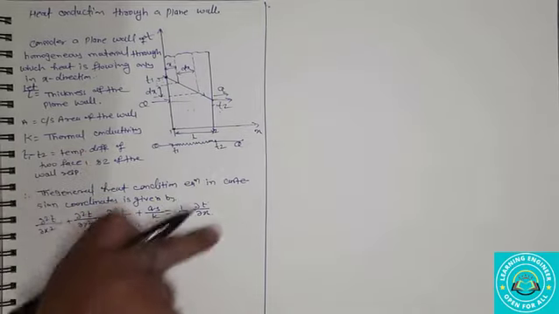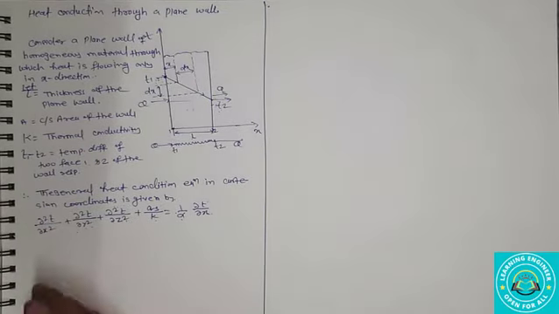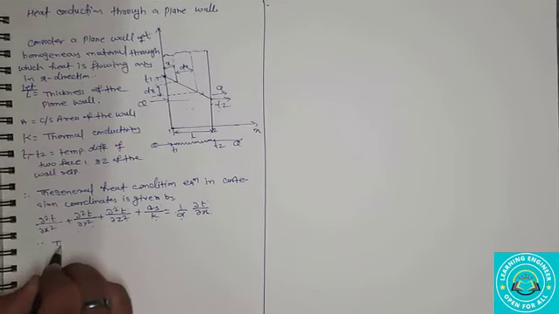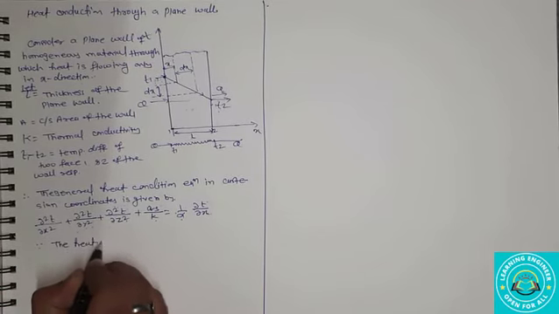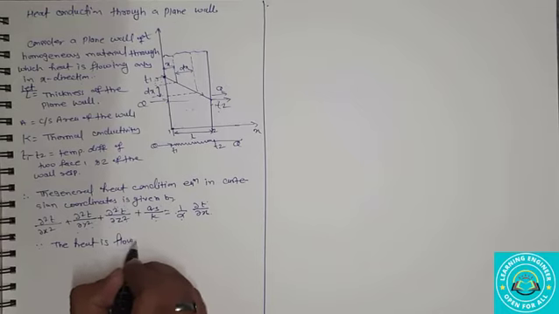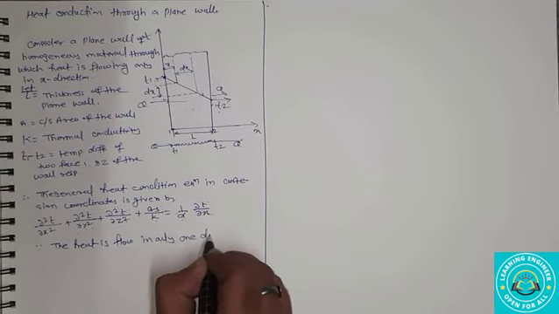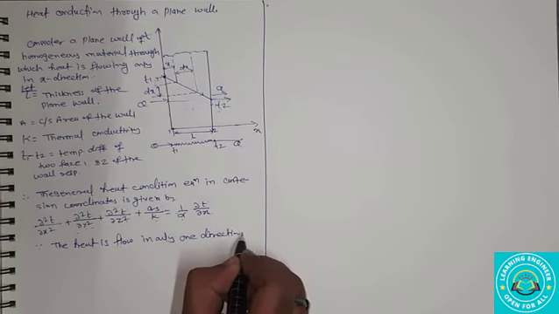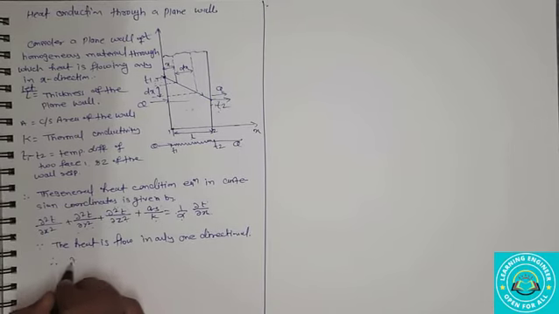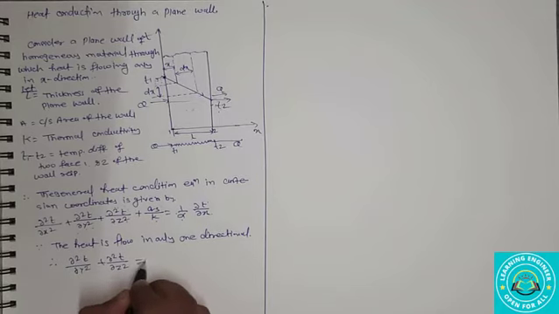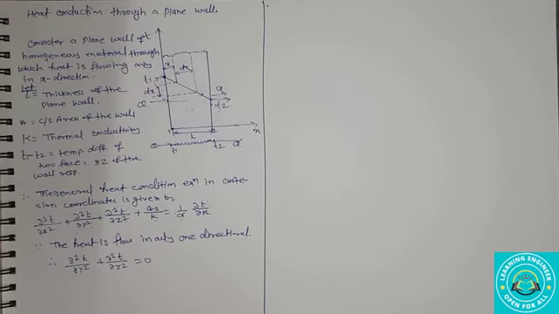Under this derivation we can say that since the heat flows in only one direction, therefore ∂²T/∂y² + ∂²T/∂z² = 0.